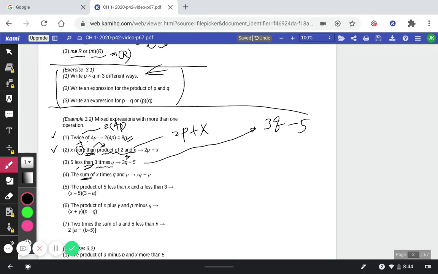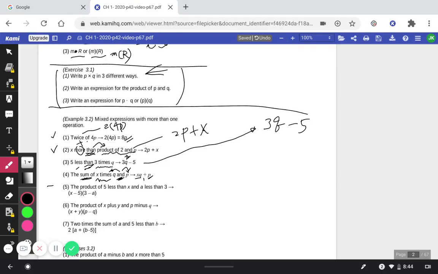So when there is a sum, try to look for "and," and add with whatever comes prior to the "and" expression. So the expression was saying x times q. So xq, sum means addition, and whatever expression comes after "and" is p. So xq plus p, or x times q plus p.